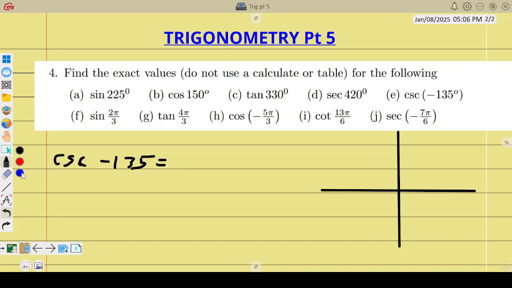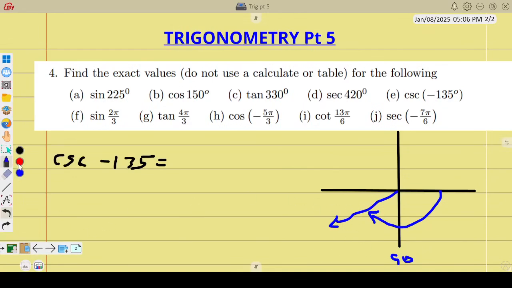Where is this negative 135? It is somewhere here. This is 135 because this is 90. Before we reach 180, 135 will be somewhere here. If you have difficulty identifying these angles, you should check out the separate video on how to read angles. I hope it will help.